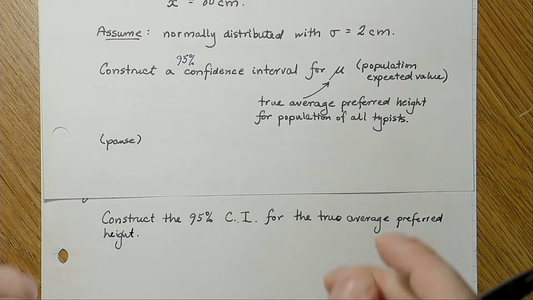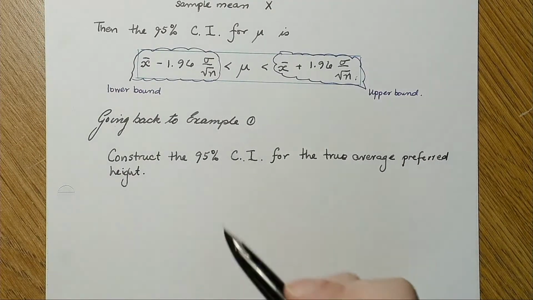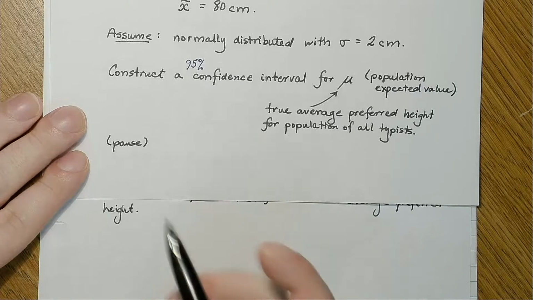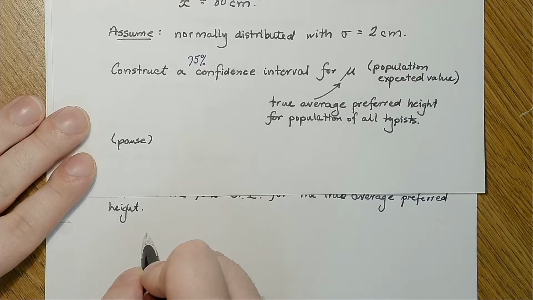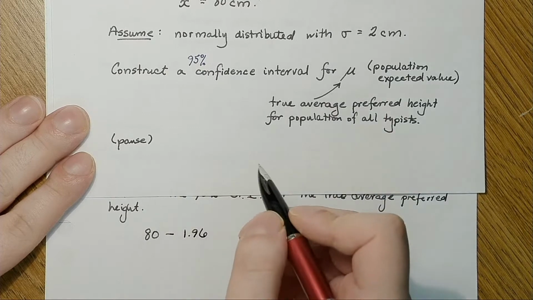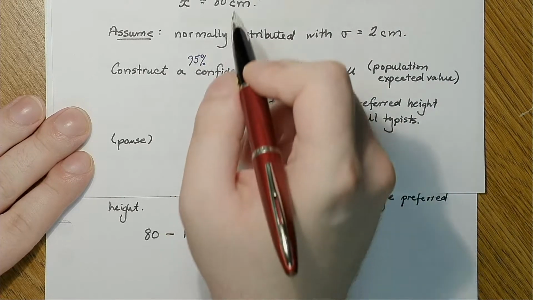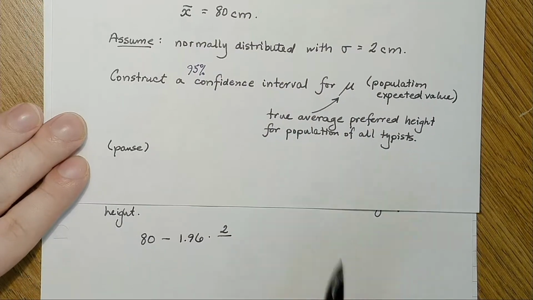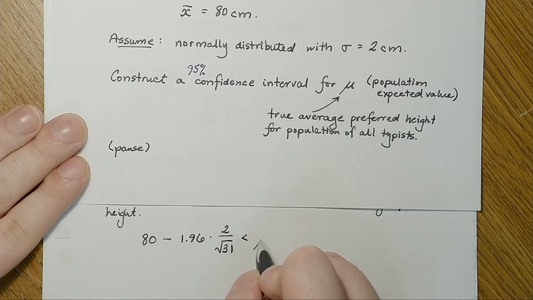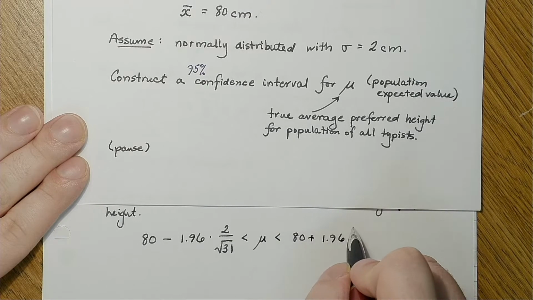I'll use this definition here. I need to use my x bar, which in this case is 80. So it's 80 minus 1.96 with the standard deviation of 2, and we said that there was a sample of 31, so that's the square root of 31. Then you'll have 80 plus, so here's our upper bound.